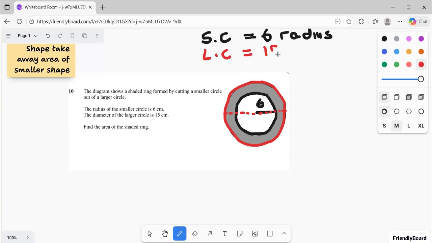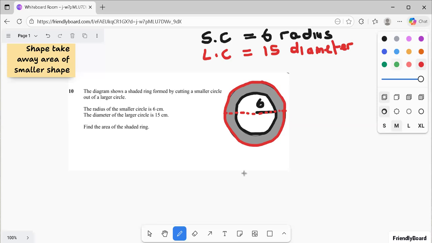So 15 centimeters happens to be the diameter, and you know that radius and diameter are two different things. So this is the information that I needed, which is provided right there.